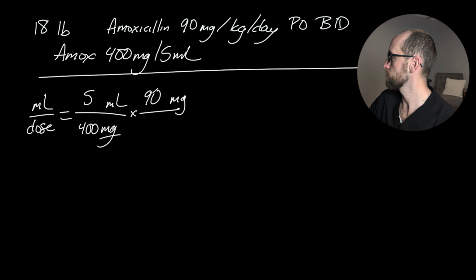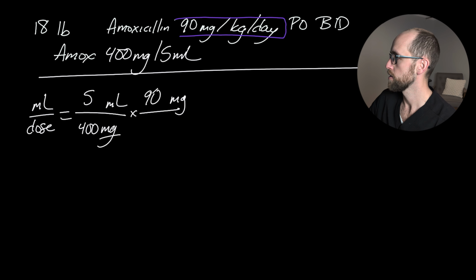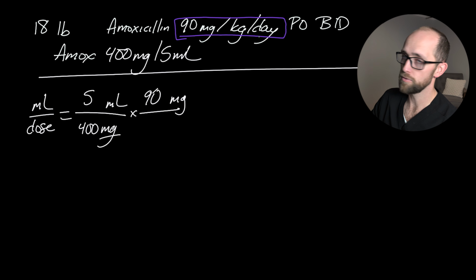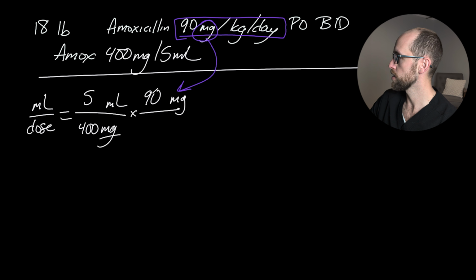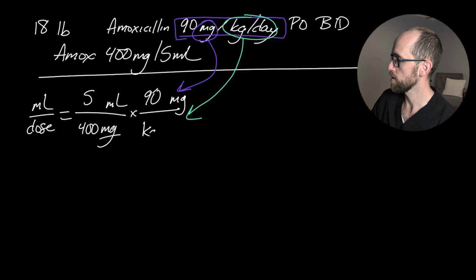Now, whenever you have something written like this, the first unit, so milligrams, moves to the top of the ratio, while the bottom two move together to the bottom. And so we here would have over kilogram per day.